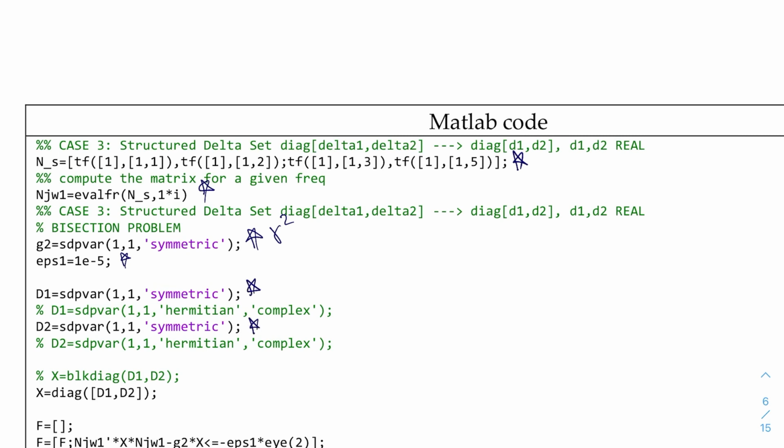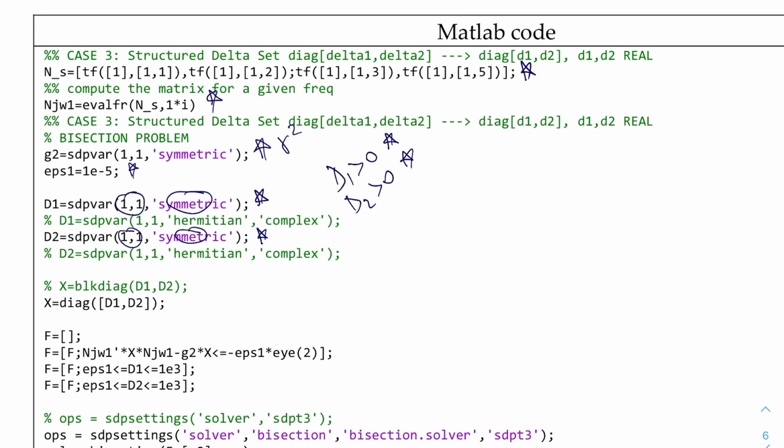Now it's different. We have D1 and D2, and they're scalar, one by one, and symmetric also indicates they are real numbers. But don't forget, we need to impose D1 being positive and D2 being positive constraints.